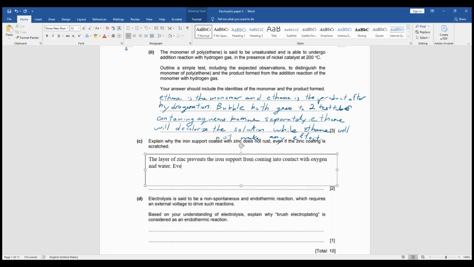Even if the layer is scratched and exposes the iron, it will not rust, as zinc is more reactive than iron and will oxidize in place of iron.